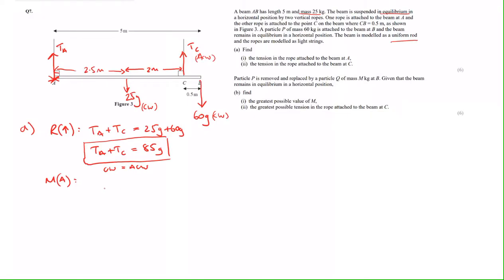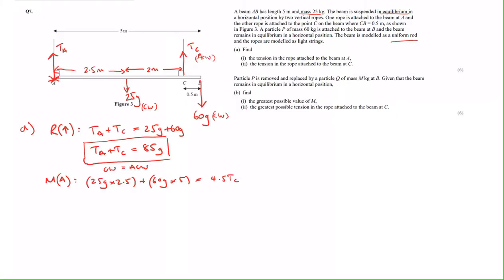So the clockwise moments, 25g, and we're going to multiply by the distance, which is 2.5. Another clockwise moment is the 60g, and that's the full distance, which is 5. It's equal to the anti-clockwise moment, which is TC, times 4.5 as a distance.